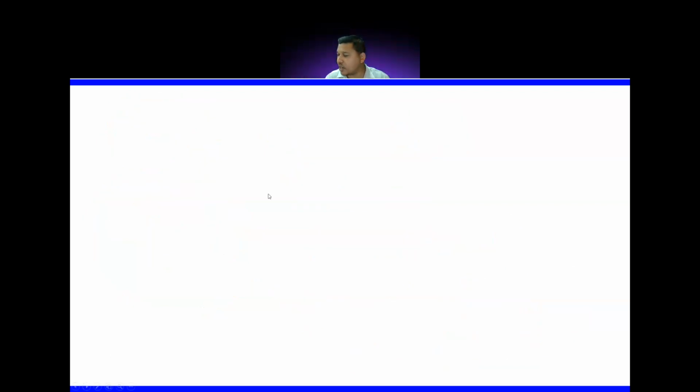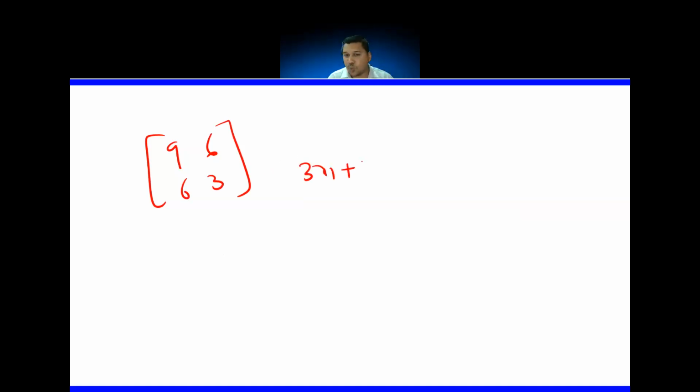If you take one more example, which is not, say 9, 6, 6, 3. If I again solve this, I get an equation like 3x1 plus 2x2 whole square minus x2 square.